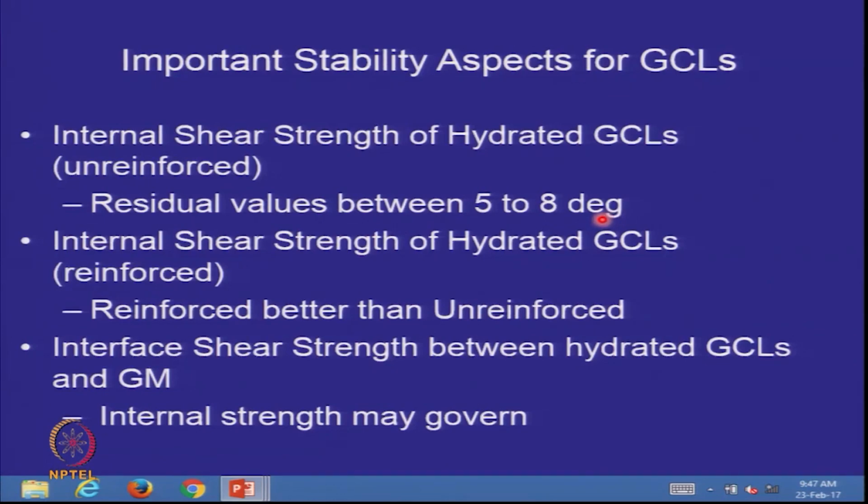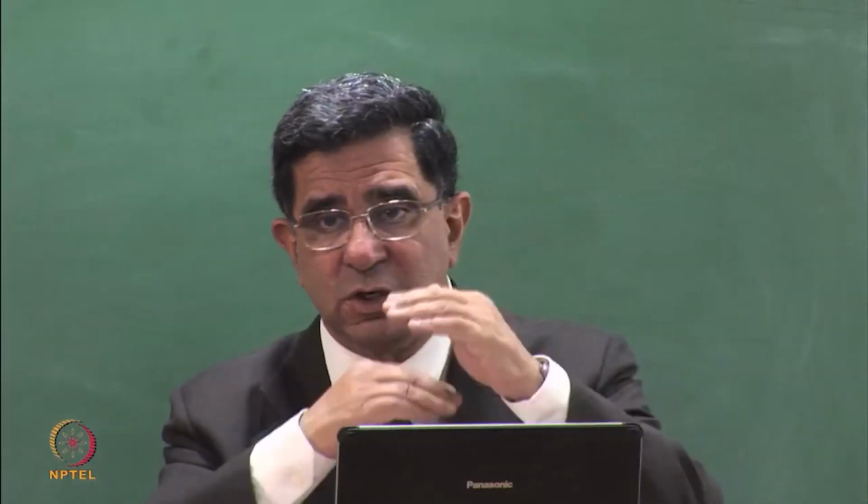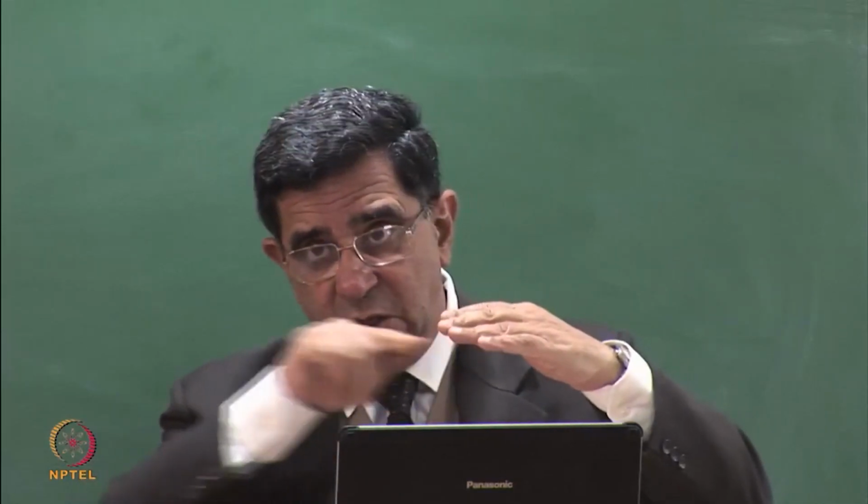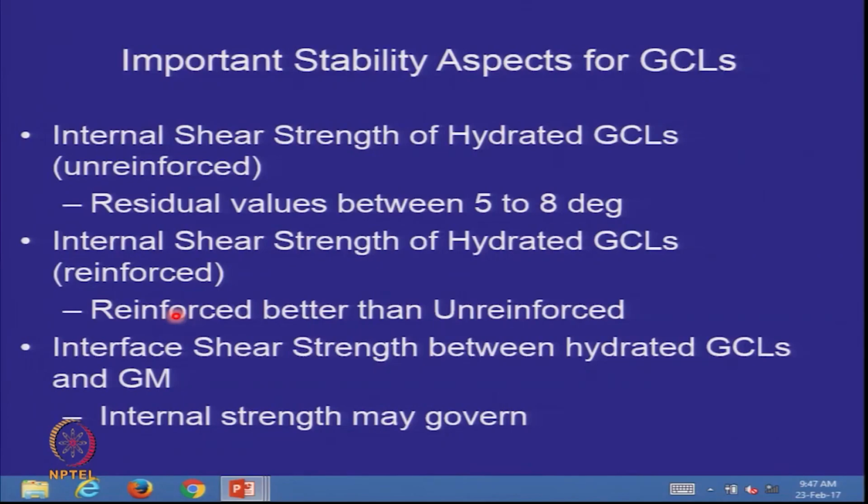Then they started stitching between the two geotextiles. So when these two want to shear, if there is no stitching, the shear plane is through the bentonite. But if there is stitching, then it gives you additional shearing resistance. So reinforced GCLs are better than unreinforced GCLs.